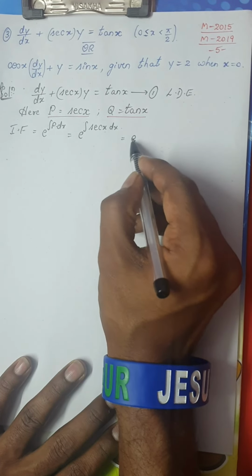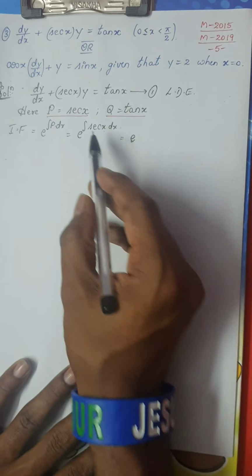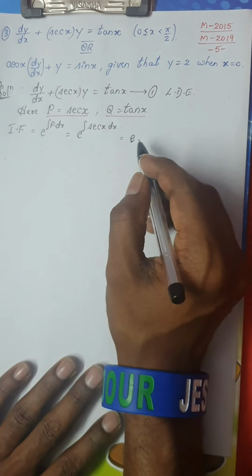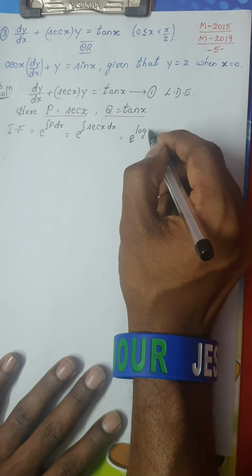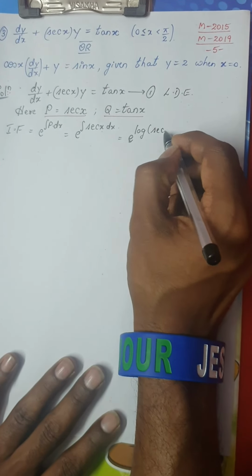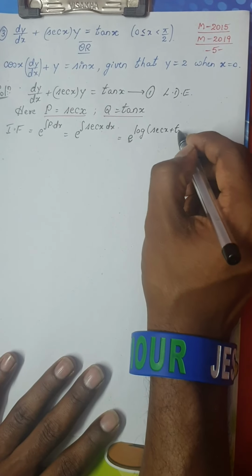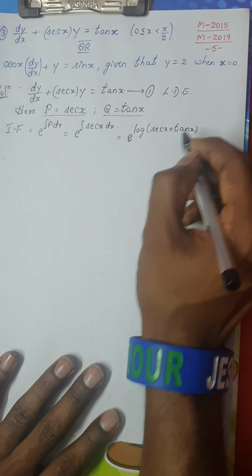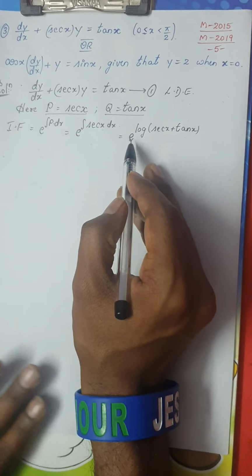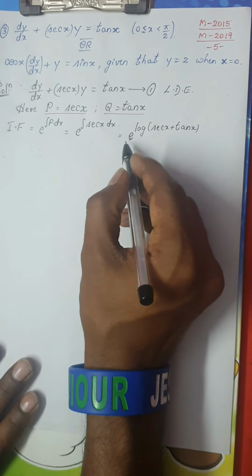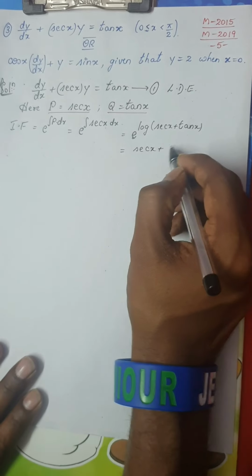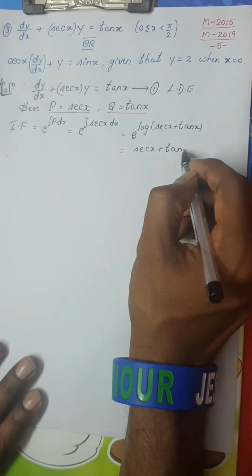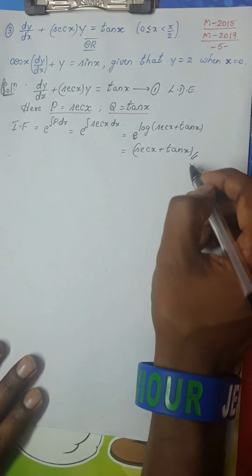I have already done problems on those. This question is already solved in the part of integration. So integral of secant x would be log of secant x plus tan x. Remember. Now again, because you have e and log, this term would be cancelling. Your integrating factor would be simply secant x plus tan x.